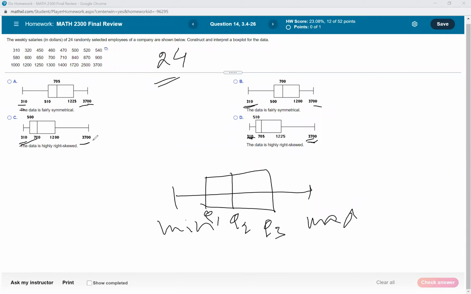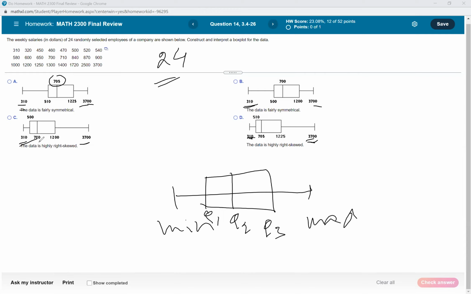Okay, so we couldn't eliminate any option yet. Now look at Q1, we have 500. And how about Q2? For Q2, we have 705, 700, 705, and 700 here. So first find the median. The median will be the middle.